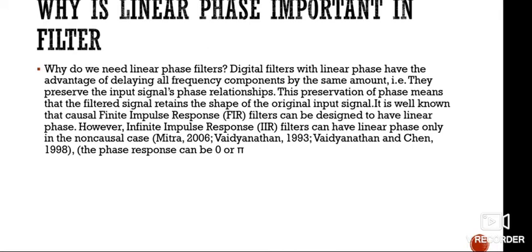It is well known that causal finite impulse response filters can be designed to have linear phase. However, infinite impulse response (IIR) filters can have linear phase only in the non-causal case (Mitra 2006, Vaidyanathan 1993, Vaidyanathan and Chen 1998). The phase response can be 0 or pi.